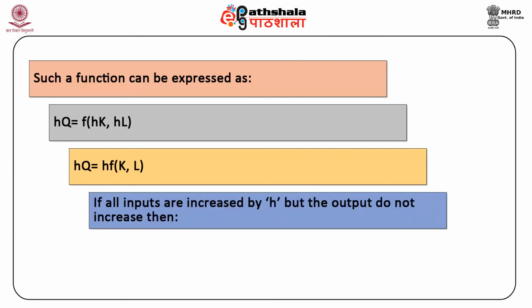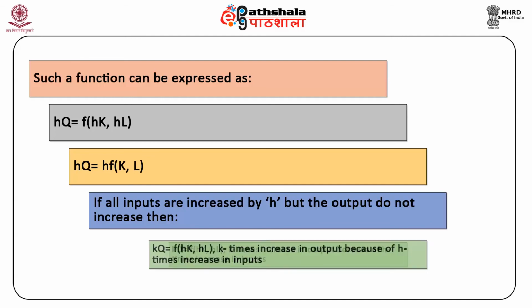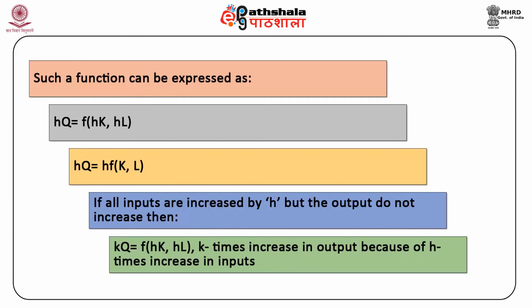However, if all the inputs are increased in the same proportion by h, but the output does not increase by that proportion, then in such a case, a production function may be written as kQ = F(hK, hL), where k denotes k times increase in output as a result of h times increase in both the inputs.